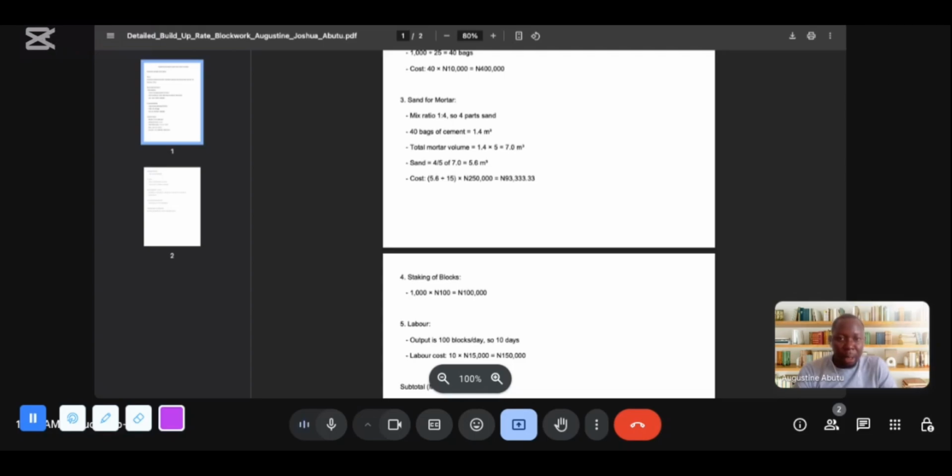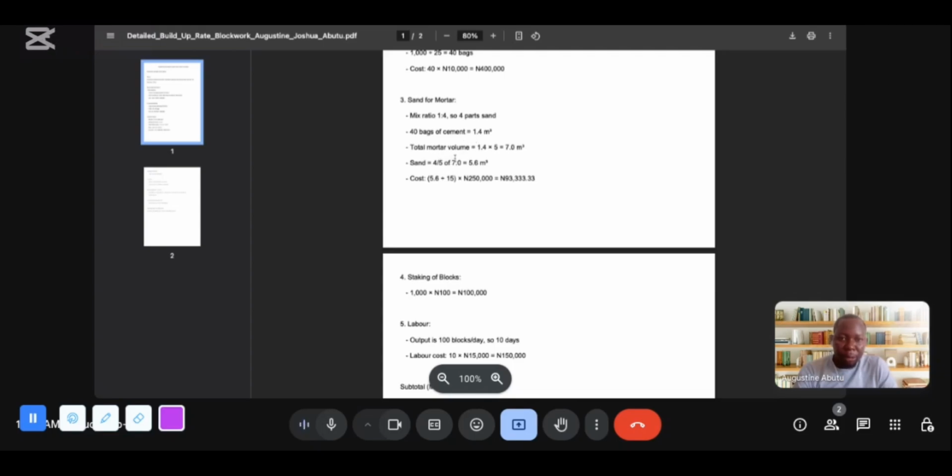We'll be using the 40 bags we've already calculated, because 40 bags would be enough for 1000 blocks, right? So we'll be having our 1.4. How did we get our 1.4? We multiply 40 by the volume of one bag of cement, which is 0.035. Once you do that, it will give us 1.4 cubic meters.